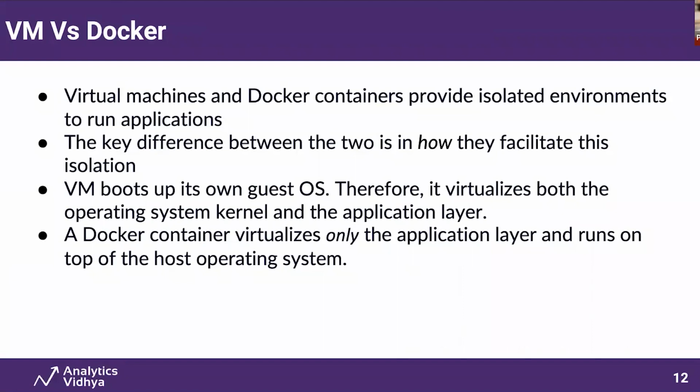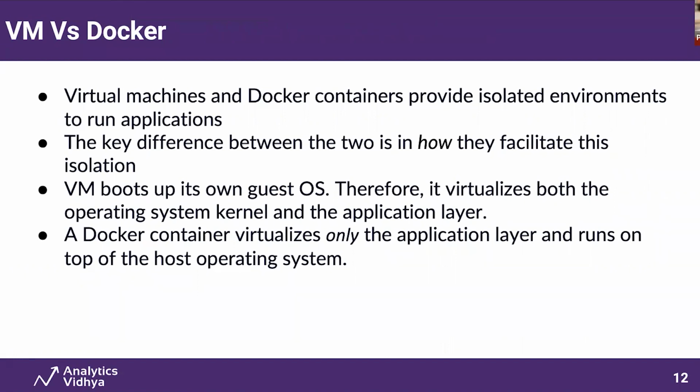So if I have a Windows machine whose hardware, let's say the hard disk, is 1 TB, I can have, let's say, 3 virtual machines, one with a Linux OS, one with the Windows OS, one with the Mac OS, sort of thing, right?